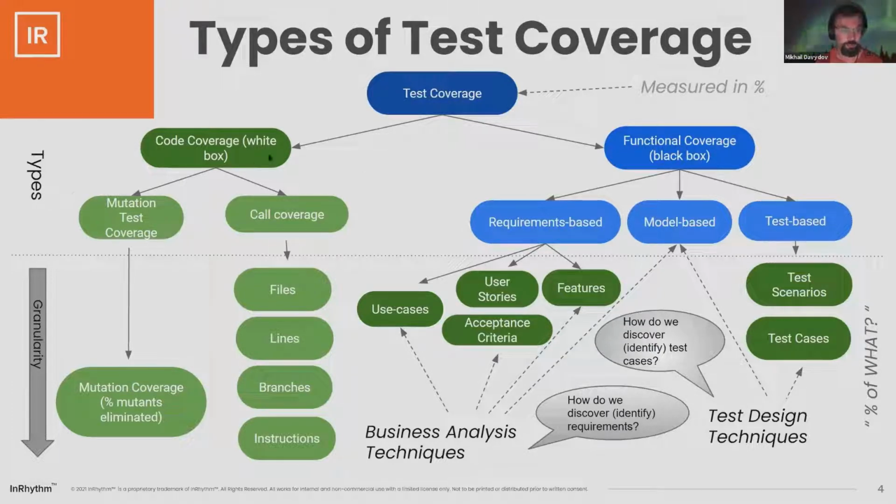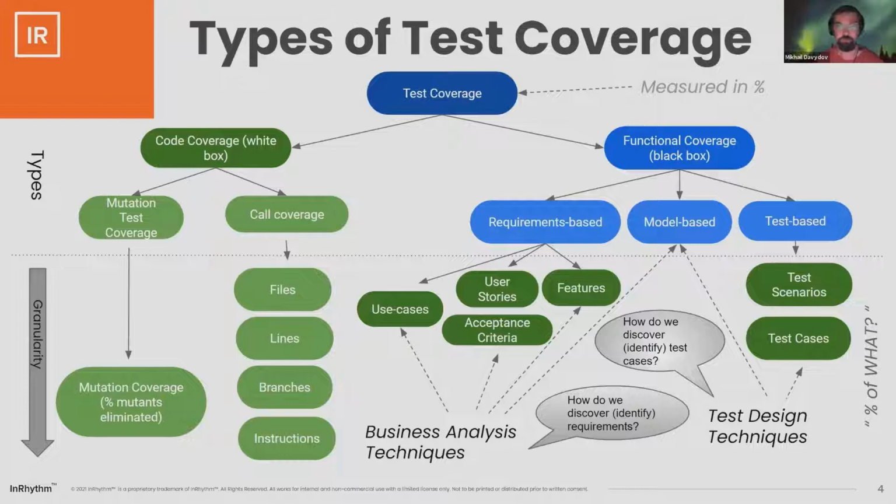The other way of measuring code coverage, with regard to the actual quality of the tests, is doing mutation testing. Mutation testing is a very interesting concept. The idea here is that you are modifying your application line by line, making one change at a time.